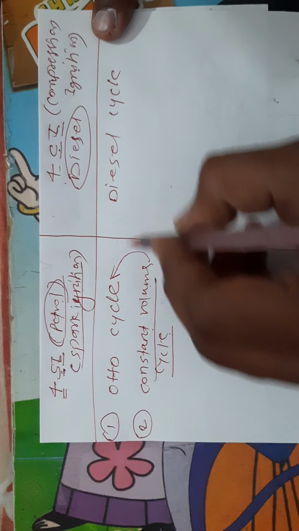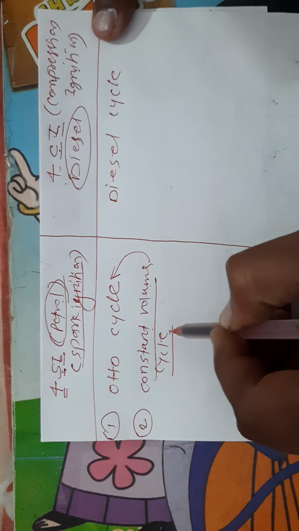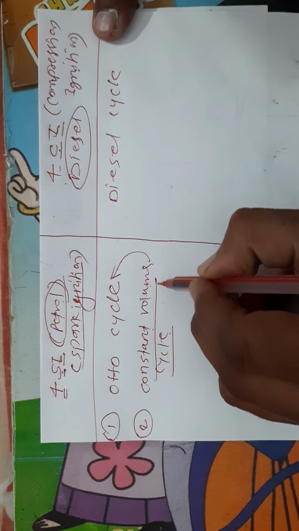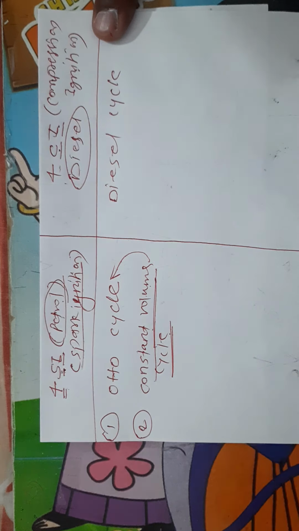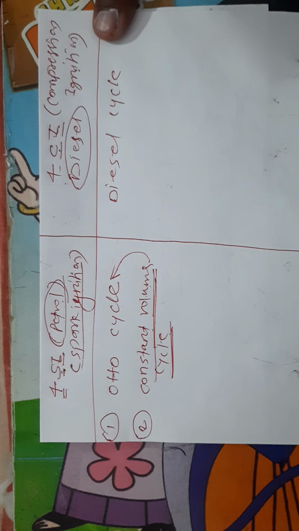See, this 4-stroke spark ignition engine adds heat on the basis of the constant volume cycle. So during addition of heat to the spark charge, it is completely based on the constant volume process or constant volume cycle. Here in this 4-stroke spark ignition engine, heat is going to be added this way.